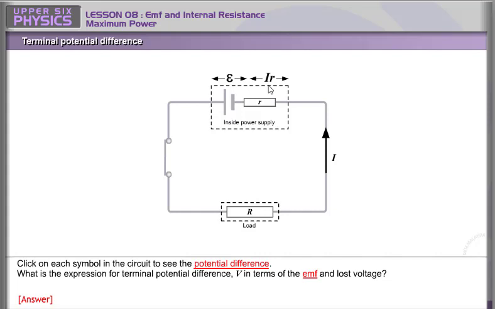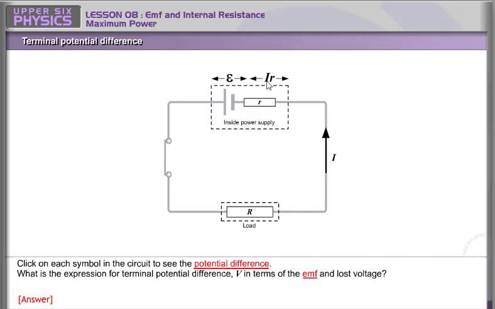Very important concept, you must understand. What is actually coming out of the cell into the circuit, the potential supplied to the resistor? Epsilon is the actual EMF, electromotive force, of the cell, but it has to overcome its internal resistance. It has to overcome the voltage Ir, so this much voltage will be lost.